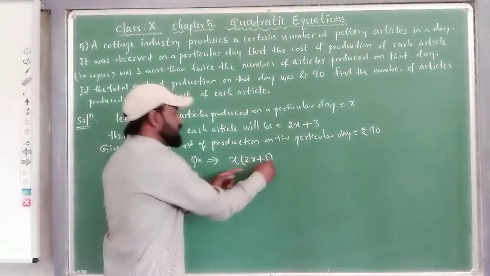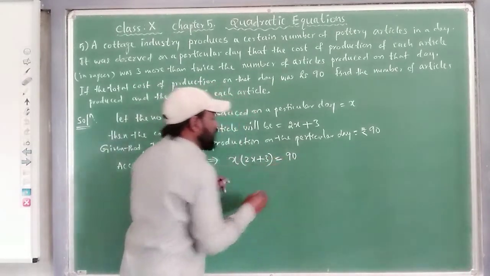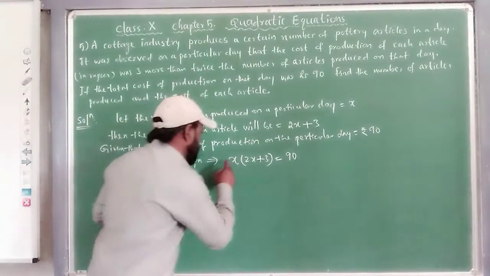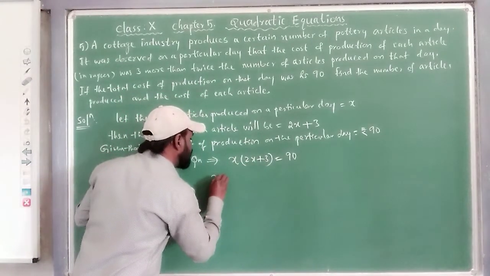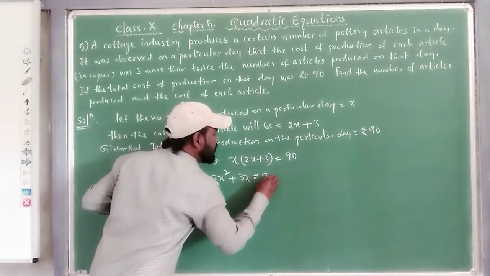This is the total cost, that is equal to 90. So 2x square plus 3x is equal to 90.